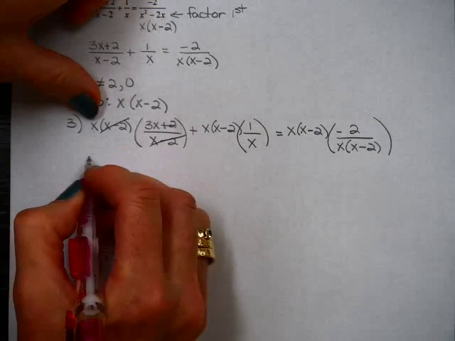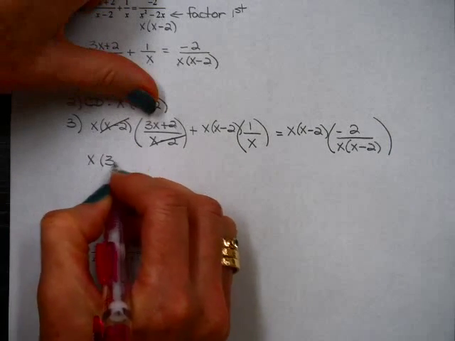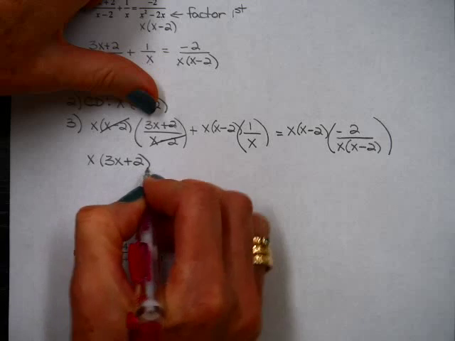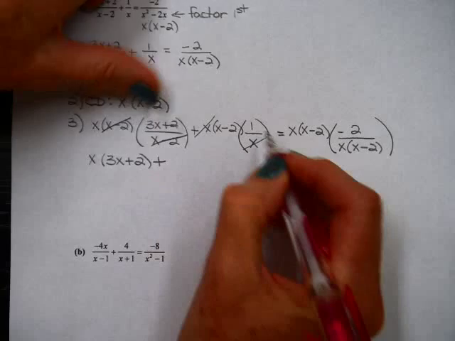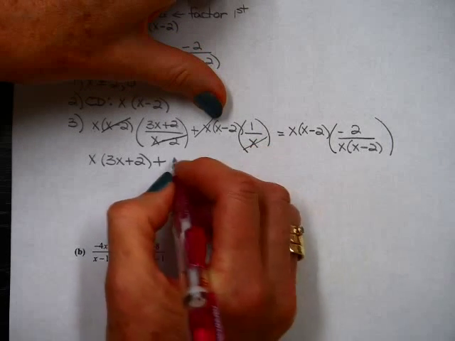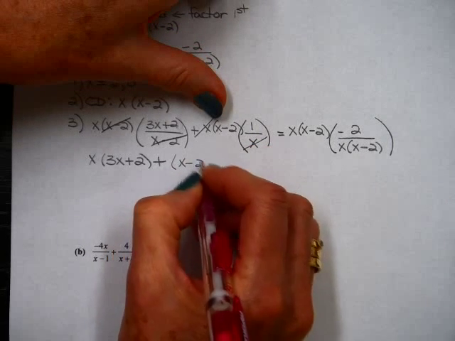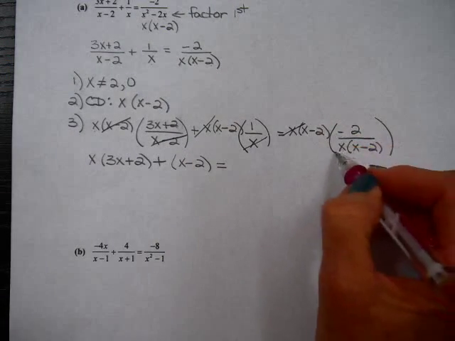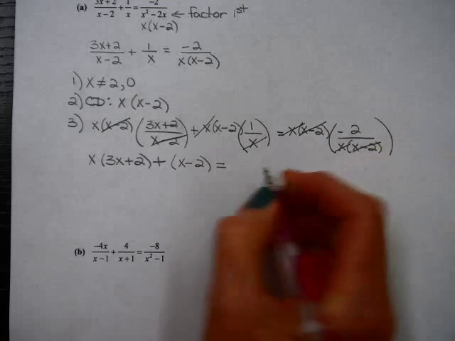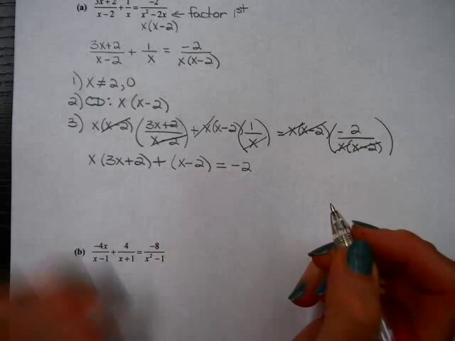We're left with this x, and we're left with 3x plus 2. Plus, all right, this x cancels with this one, and we're left with 1 times x minus 2, which is just x minus 2, equals x cancels, x minus 2 cancels, and we're left with a negative 2.